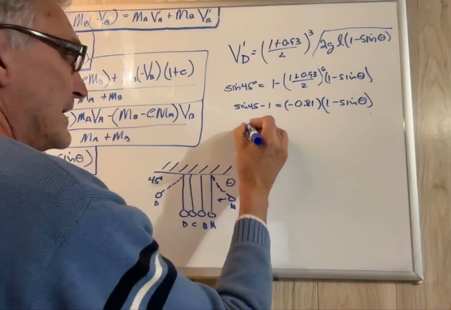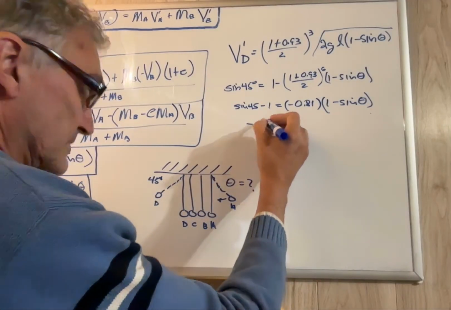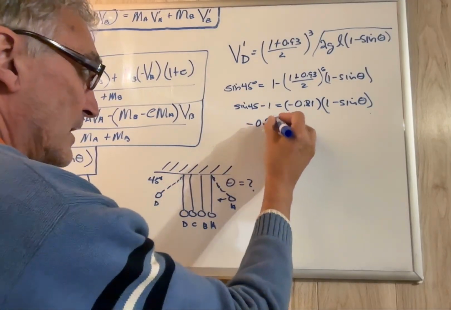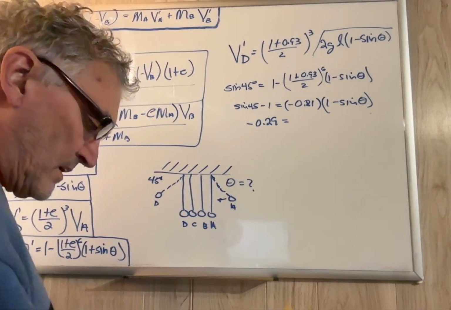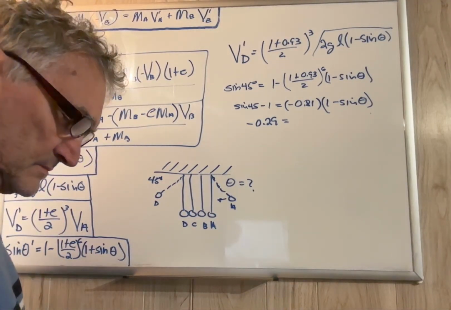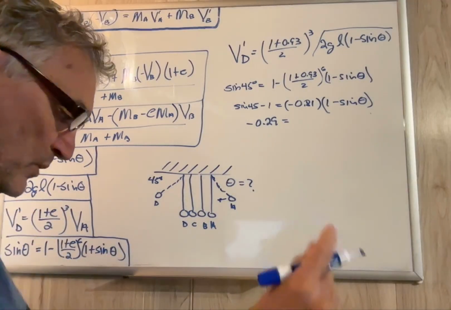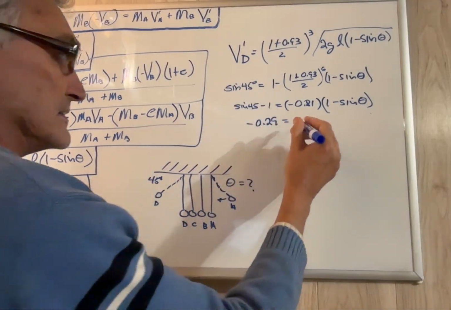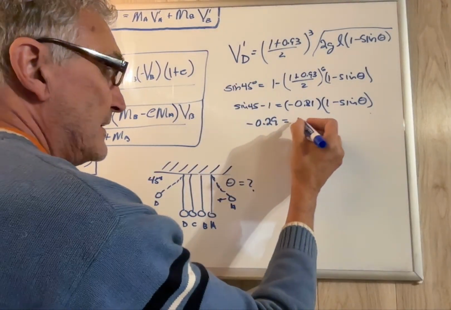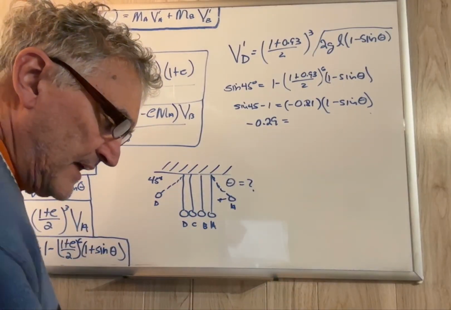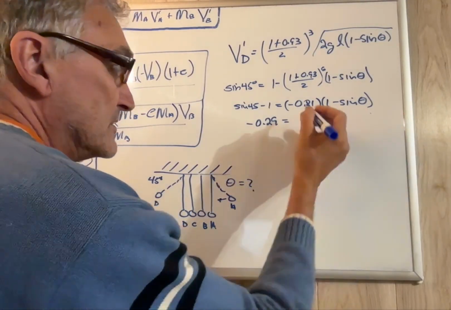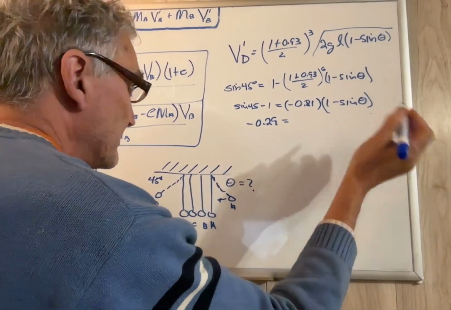So we're going to get a negative 0.29 is going to be equal to this thing here. I don't have to do it this way, but I'm just going to do it this way anyway, because it can work out. You can do it either way. You can divide this by 0.81, but I'm just going to do it this way.